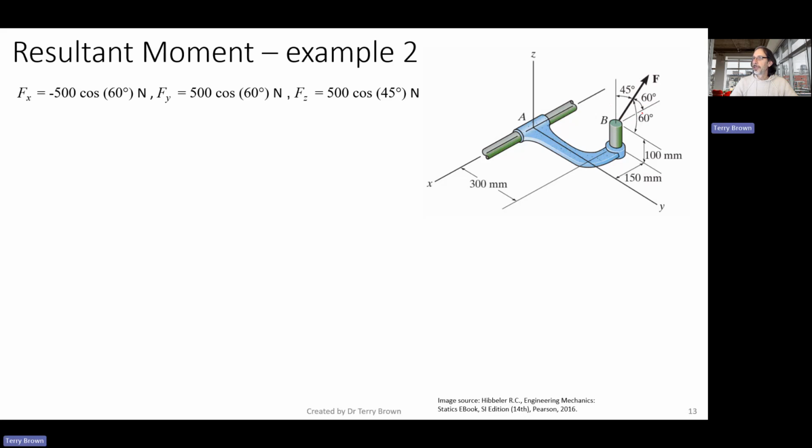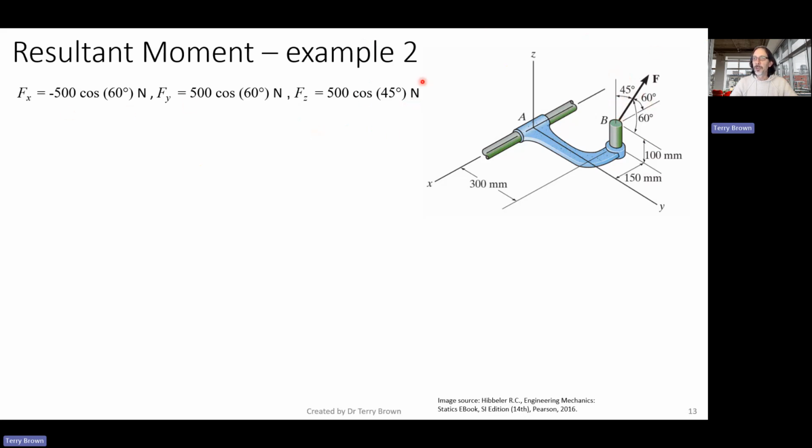And so what we're looking at is that we're given the angles between the force and the axis that we're looking at. And then in the Z direction, let me get my laser pointer back, the angle between the force and the Z direction is given as 45.